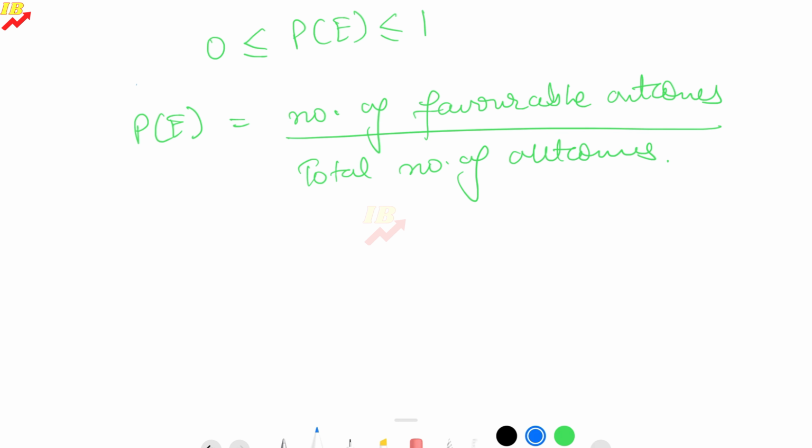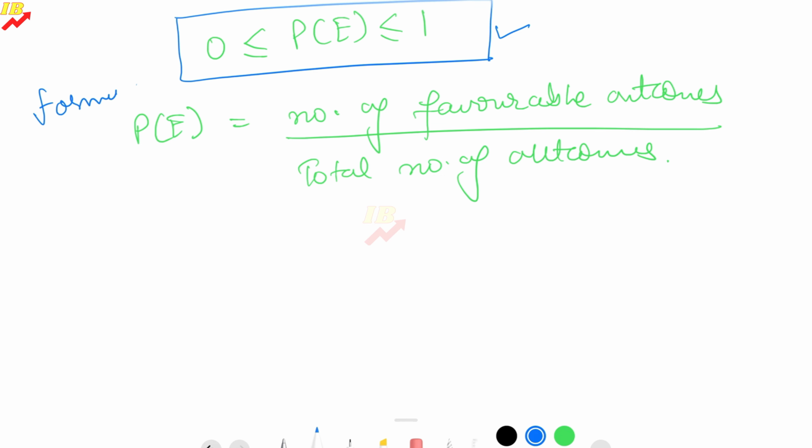And this is the main condition that we follow every time. If you want to check if your given probability solution is correct or not, you also have to check that this is lying in between 0 to 1. Okay. And this is the main formulation that every time we are going to use.